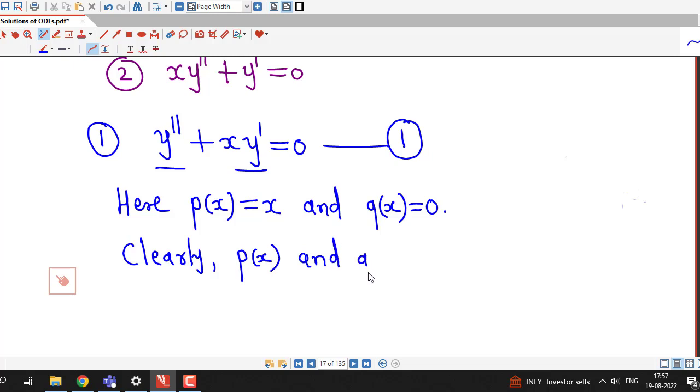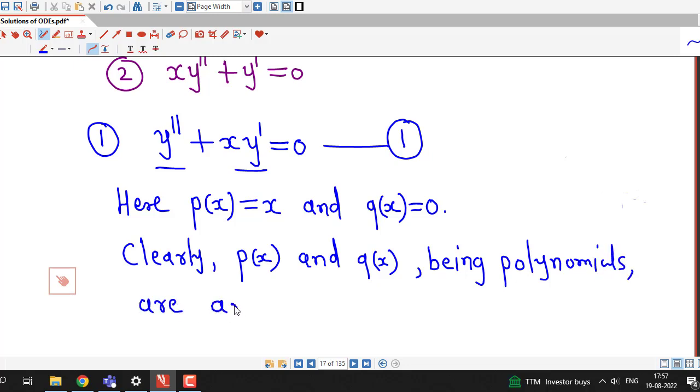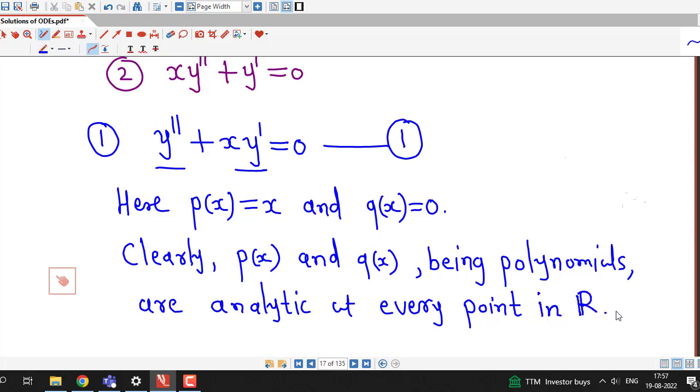The reason is that p(x) and q(x), being polynomials, are analytic at every point in the real number set.